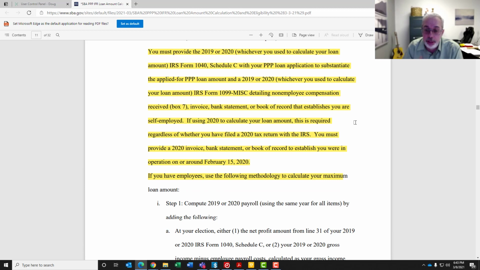And then you may also have to provide invoices, bank statements, bank book of record, maybe a 1099, something to substantiate that you really are a small business and that you really do have a Schedule C. So I would expect that a lot of the banks are going to want you to do that, because the banks don't want you to be getting a loan that does not qualify for forgiveness.